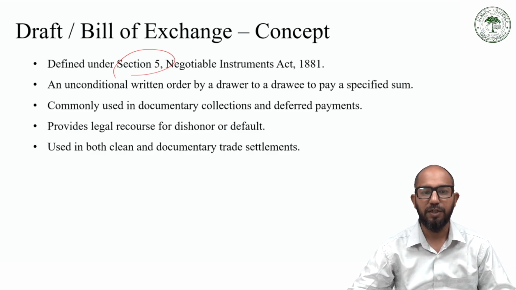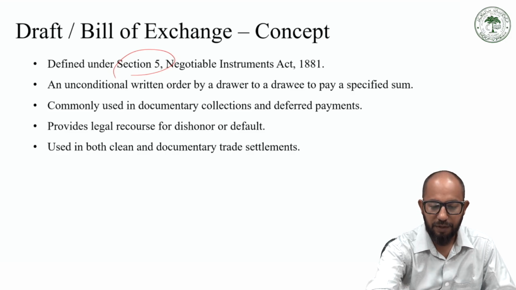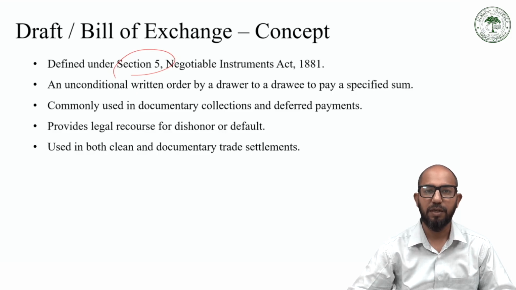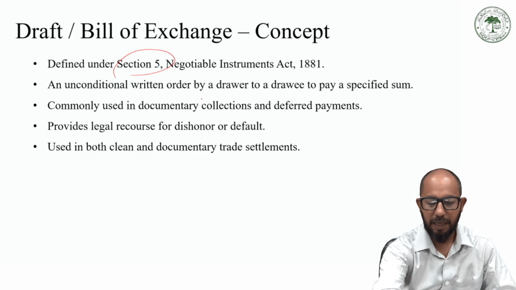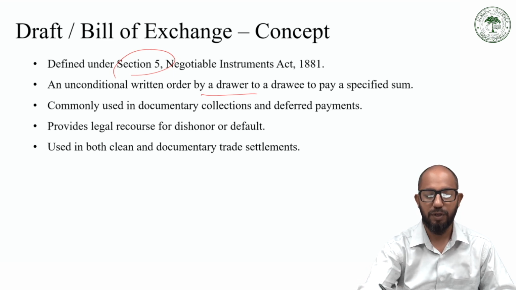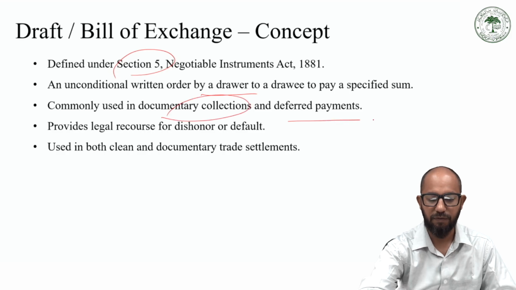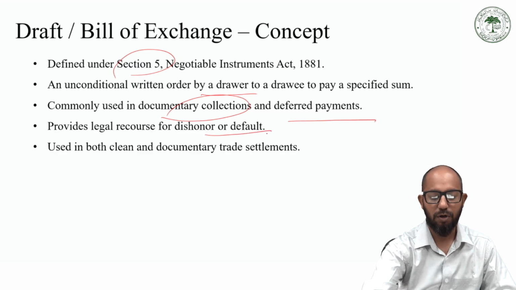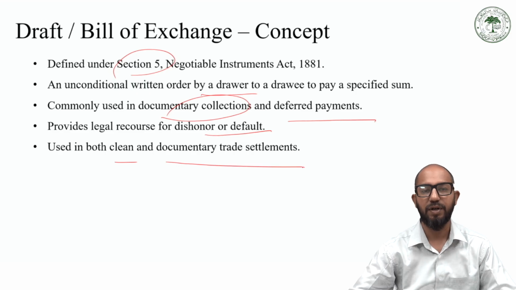This is an unconditional written order by a drawer to a drawee to pay a prescribed sum. It is commonly used in documentary collections and deferred payments. A bill of exchange provides legal recourse for dishonor or default, as well as it is used in both clean and documentary trade settlements.